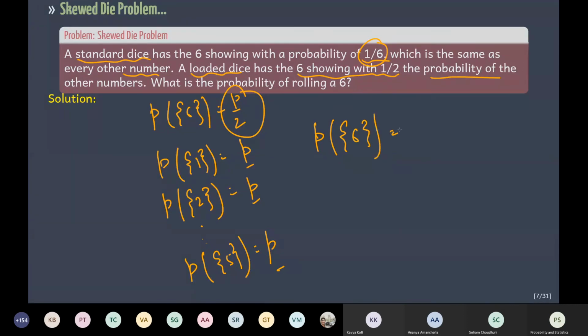So how do I compute the probability of rolling a 6? Can you answer this in the chat? So what do you think? What should I do next to find P?